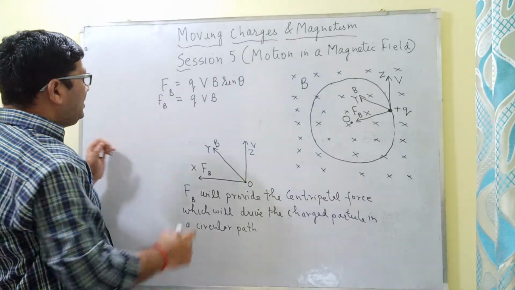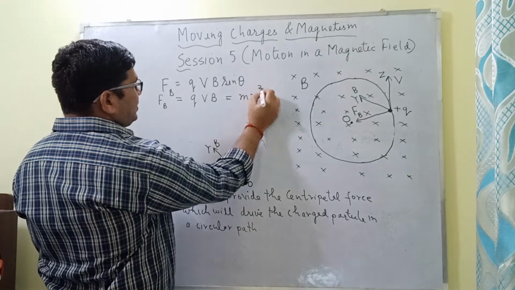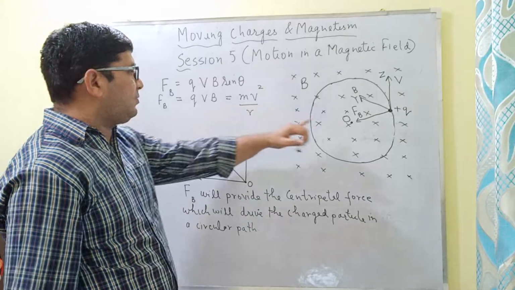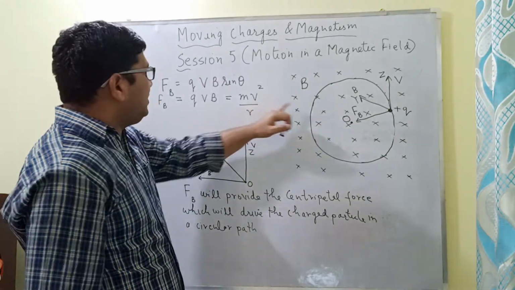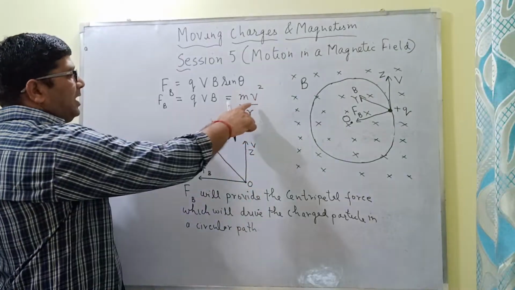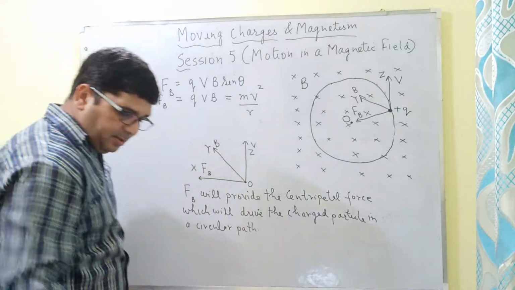This will be equal to the centripetal force given by mv squared by r, where m is the mass of this charged particle, v is its linear velocity and r is the radius of this circular path.